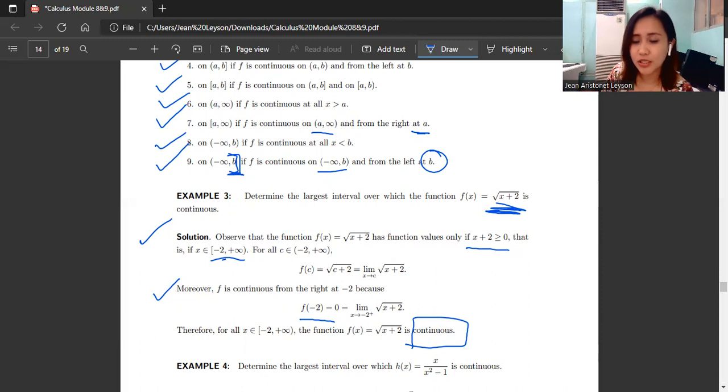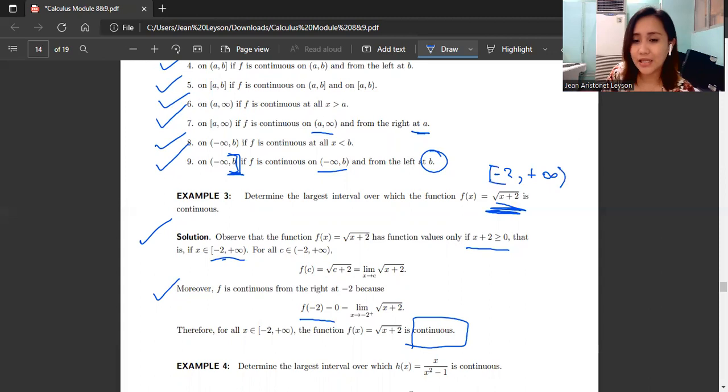So the least value that we can substitute here should make the function equal to 0, which is -2. We cannot let x be equal to -3, -4, -5, because if this is -3, that will give us -1, and that will be an imaginary number. So it should be -2 up to positive infinity.